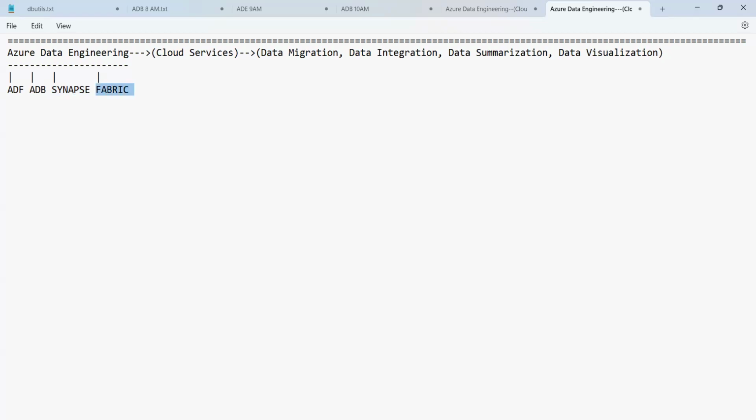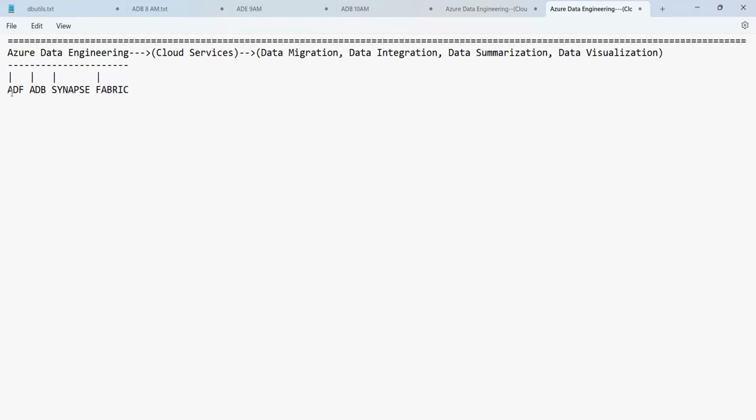And Fabric is basically a combination of all.